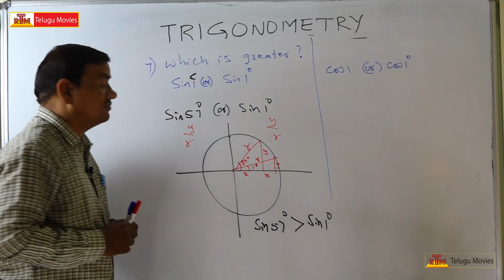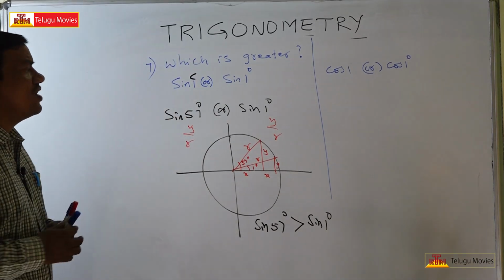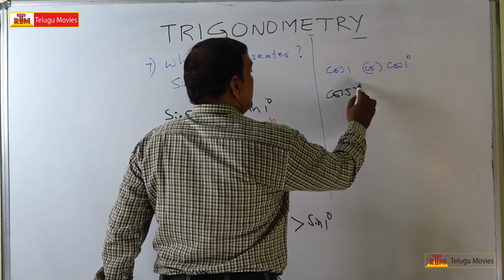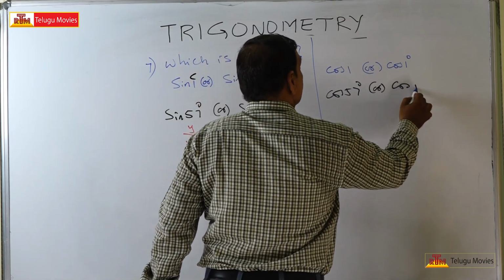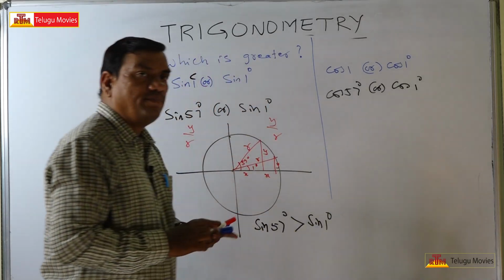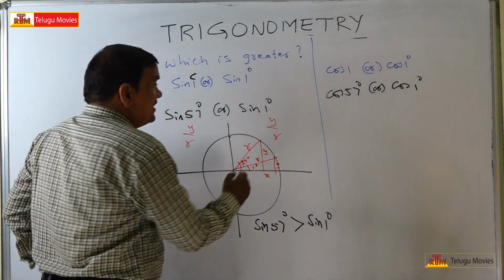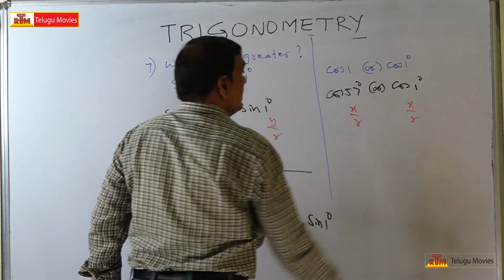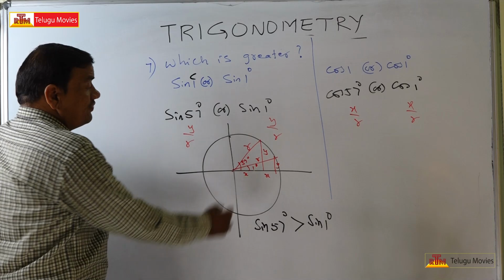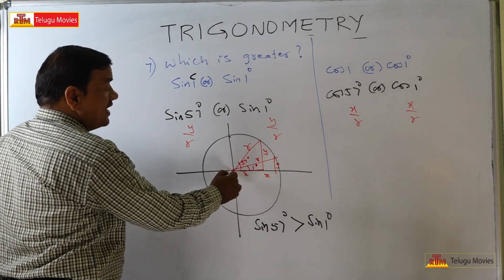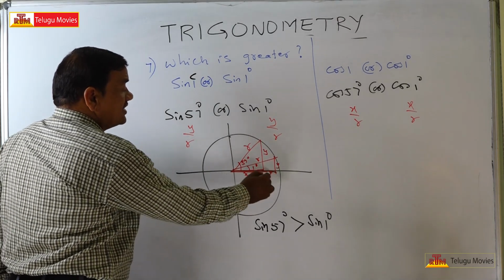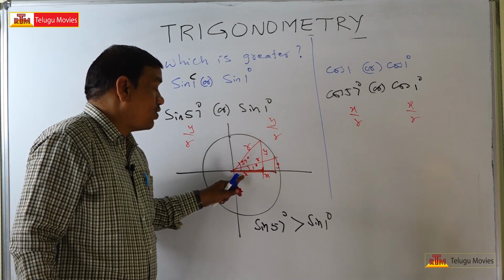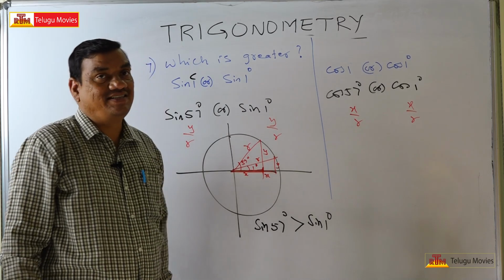Understand this? The same concept applies to cos 57 degrees or cos 1 degree. For 57 degrees, it is adjacent side by hypotenuse, x by r. Here is the 57 degree adjacent side, and here is the 1 degree adjacent side. The 57 degree adjacent side is smaller than the 1 degree adjacent side.